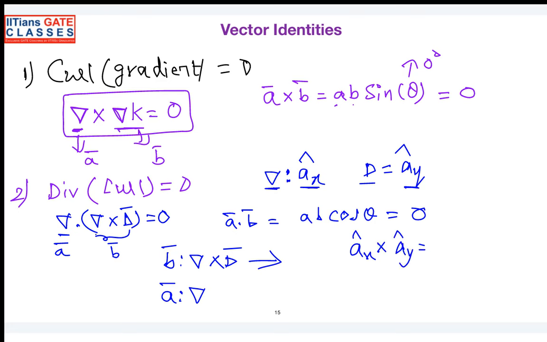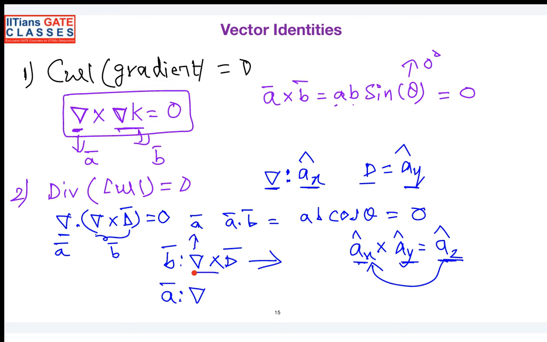In the same case, you can see here del is represented with a vector a bar, right? So the direction of del cross d, which is nothing but the direction of b, is perpendicular to vector d and perpendicular to the vector del also. Which means that b bar is perpendicular to vector a bar. So when b bar and a bar are perpendicular, your theta becomes 90 degrees, and when theta is 90 degrees, the dot product straight away becomes 0.